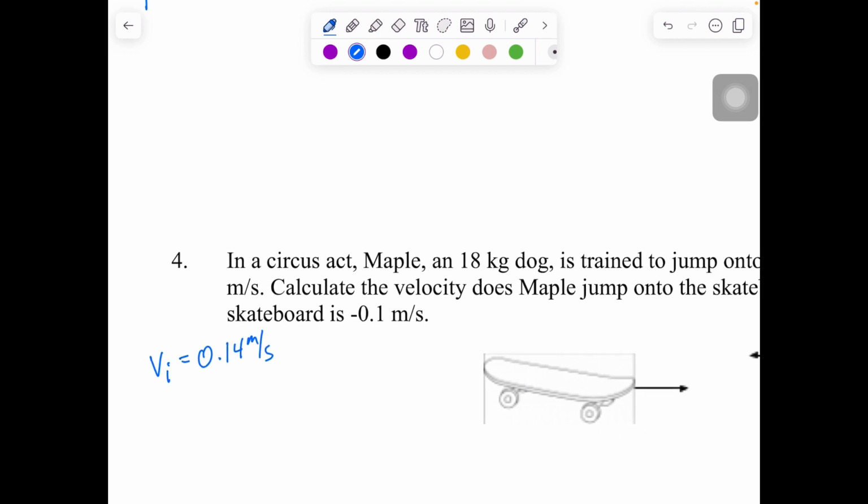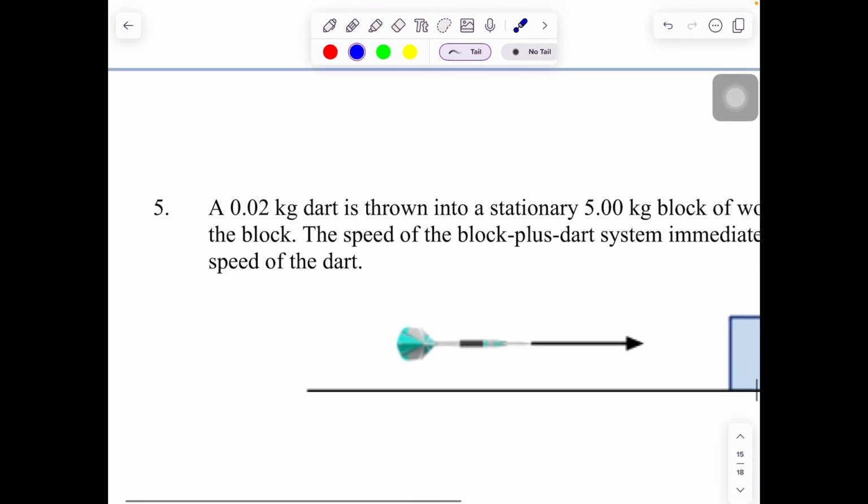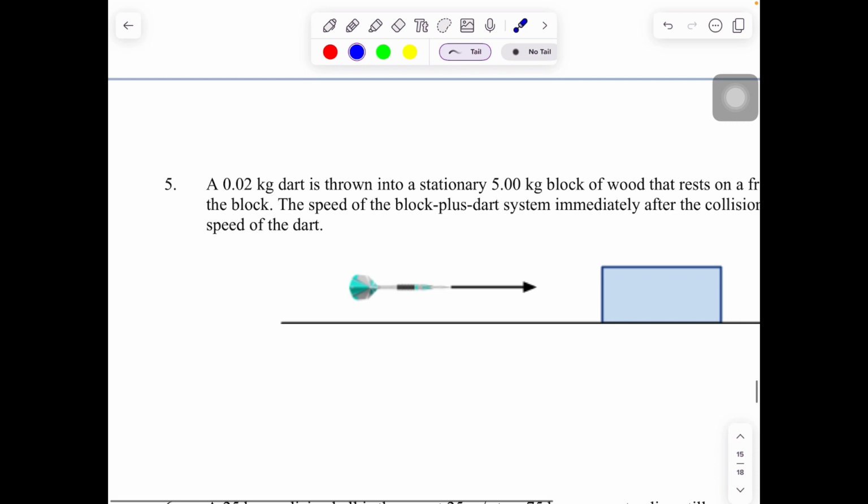Oh, and we're talking about Maple. That's my puppy. And for number 5, we have a dart going into a box. So for number 5, we have V initial. The answer for that one is 150.6 meters per second.